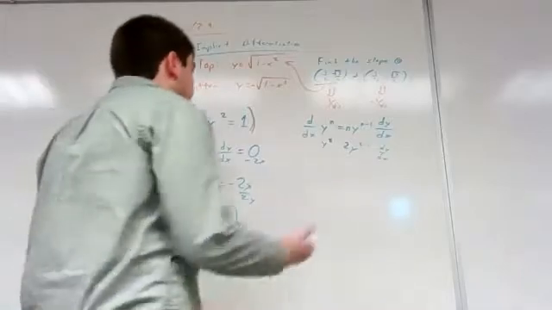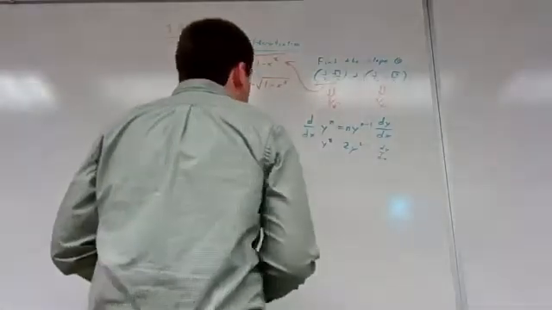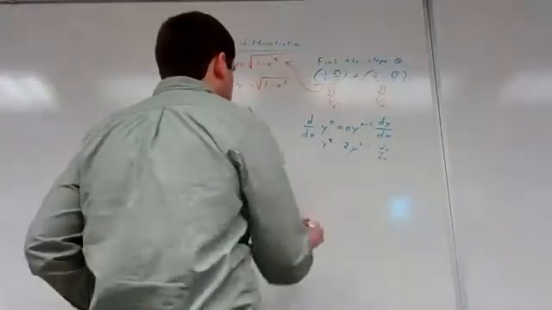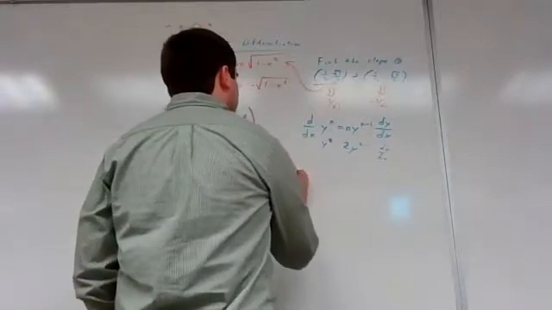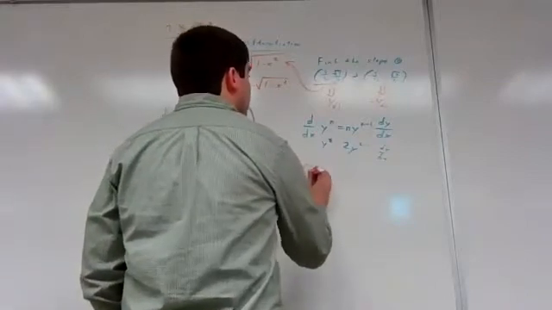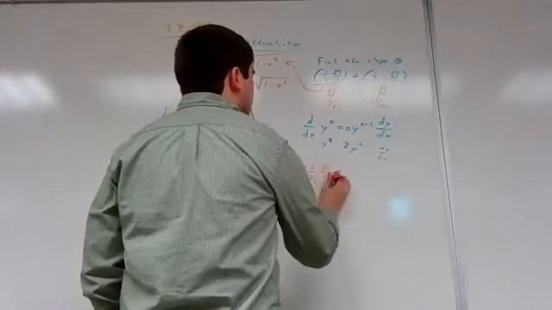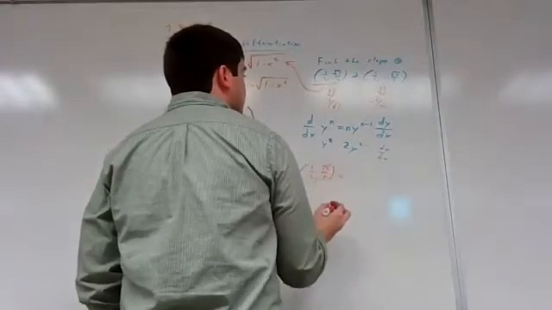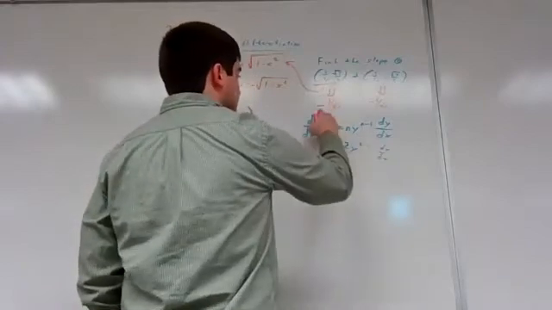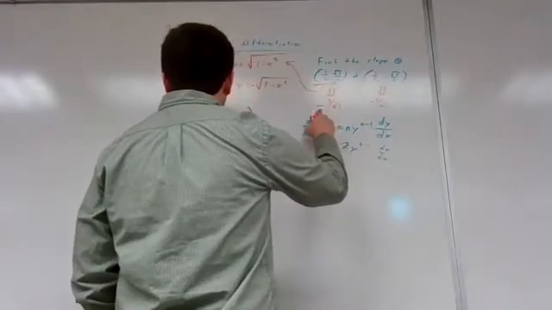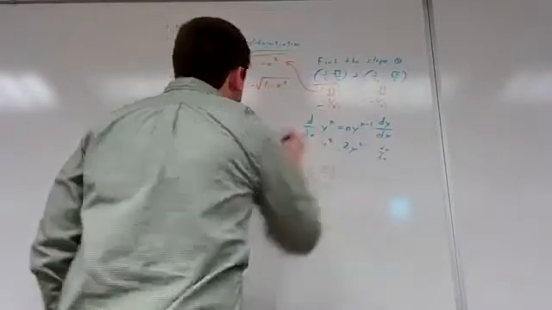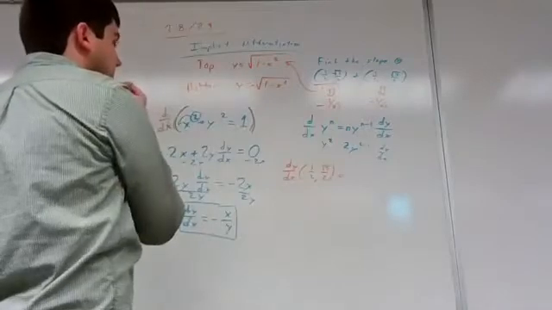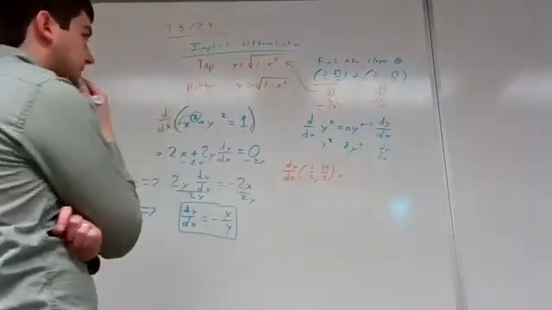So for example, if I want dy over dx at the point (1/2, √3/2), then I simply plug in. Oh, by the way, sorry, this should be a minus here. Let me think about this real fast.